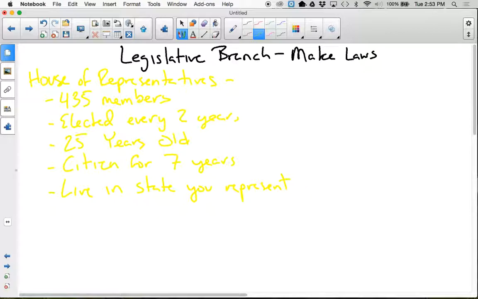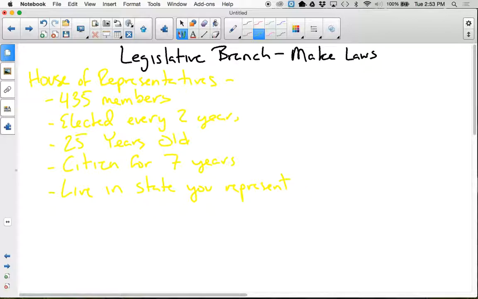We sometimes see issues where somebody is running for, say, the congressional seat in Duluth and they live in Minneapolis. You can do that, but if I'm a citizen of Duluth, I'm going to want somebody living in my city or at least in my district.